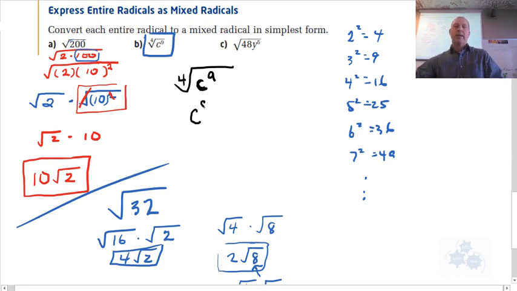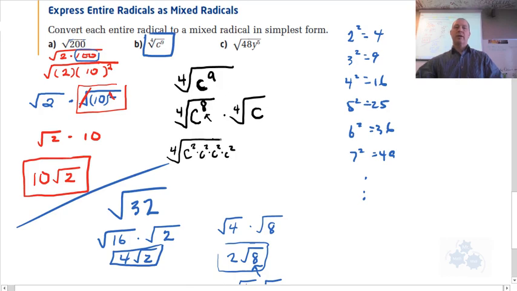But if we split it up like this, now we have an exponent that divides evenly by 4. So watch this. c to the 8 is actually c squared times c squared times c squared times c squared, isn't it?